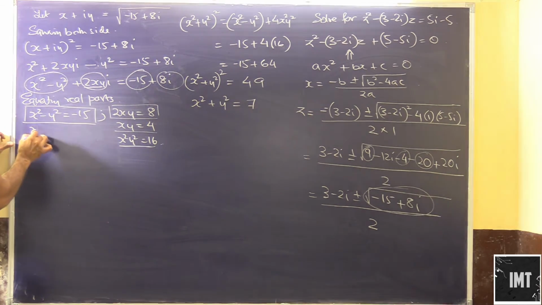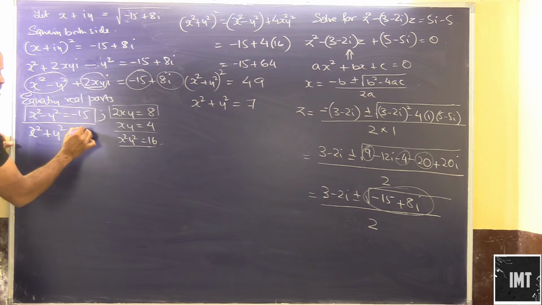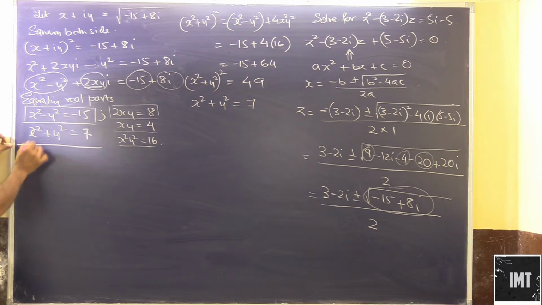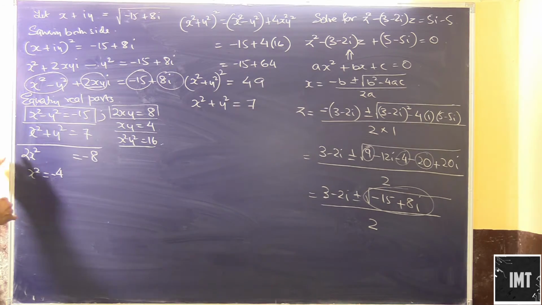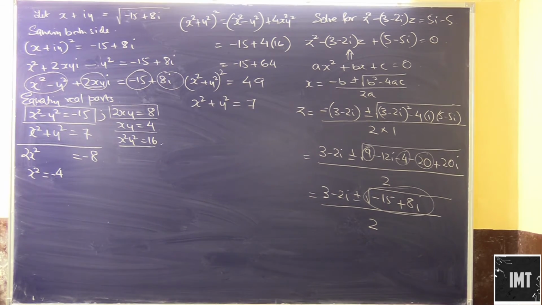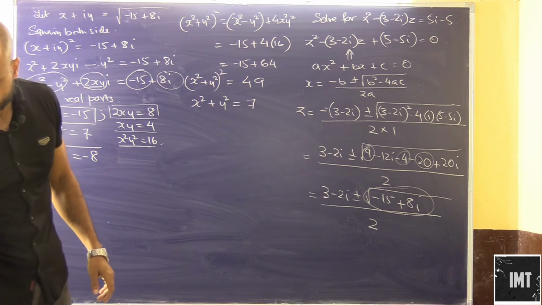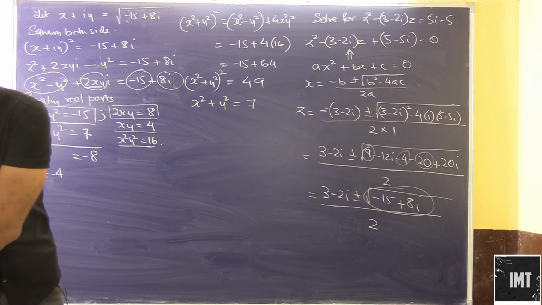So substituting it here, x square plus y square as 7, if we happen to add this, we get 2x square is equal to minus 8, which means x square is equal to minus 4, right? Are we getting the right answer? Let me just check.